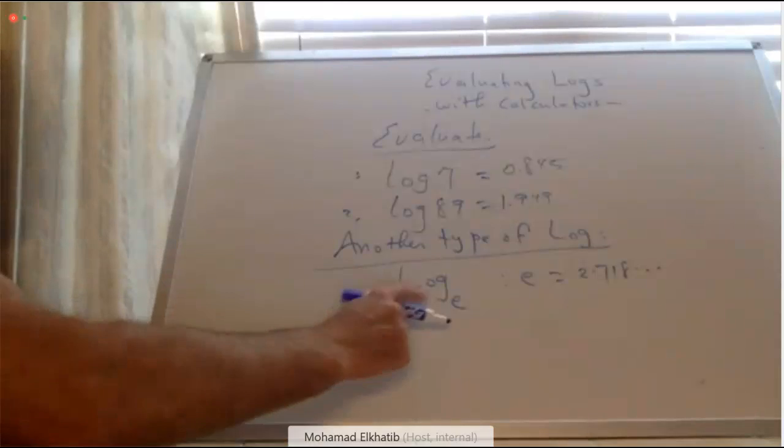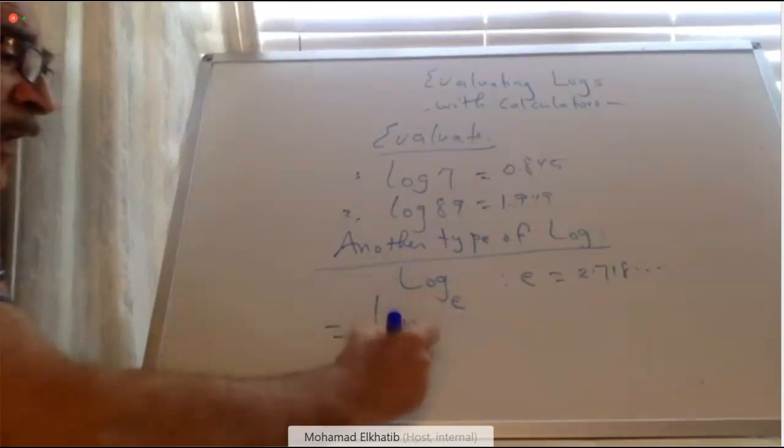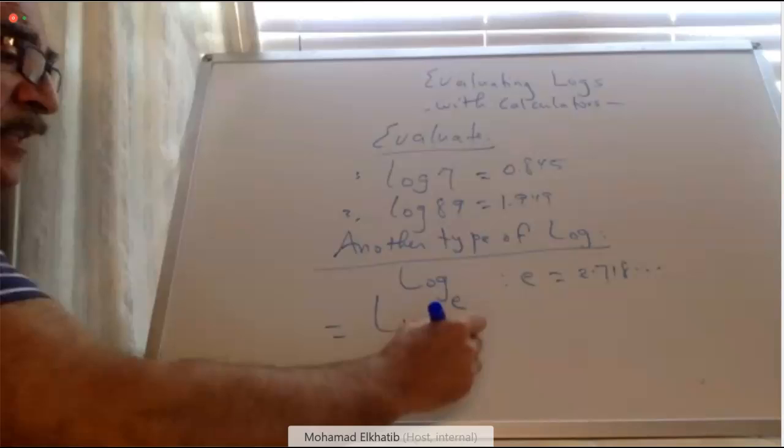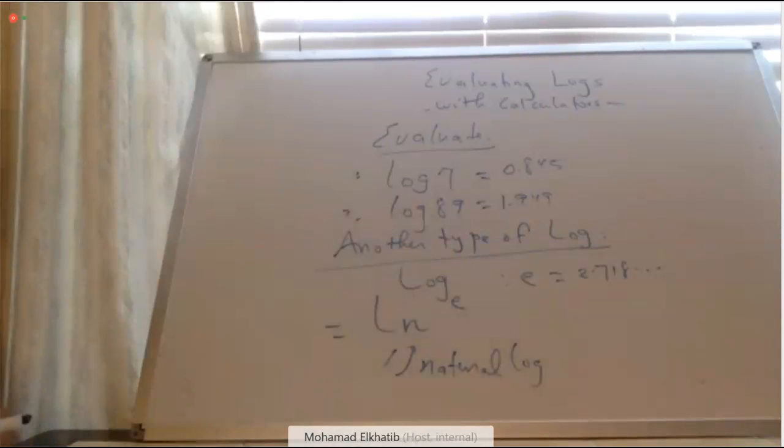Anytime you see log with the base E, we call that in mathematics the natural log, ln. The way we say it is natural log. Whenever you see ln, they don't show you the base, which means the base is 2.718, whatever it is.